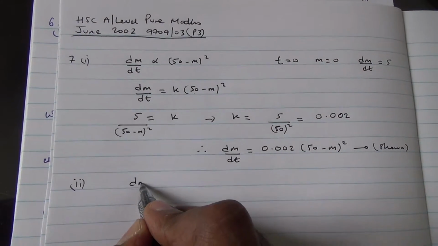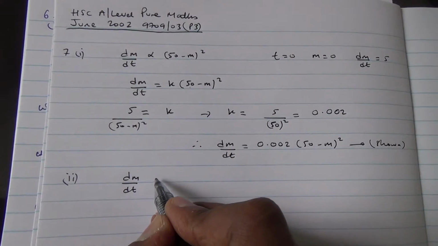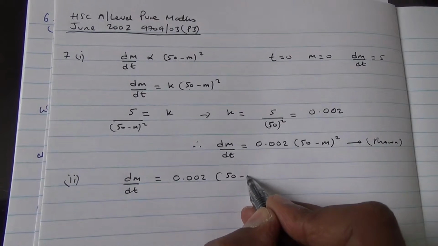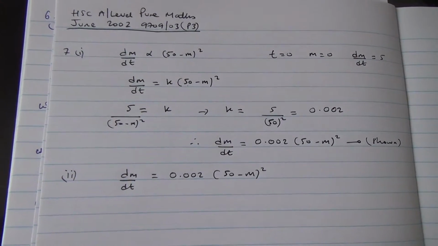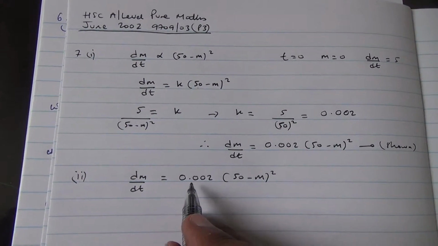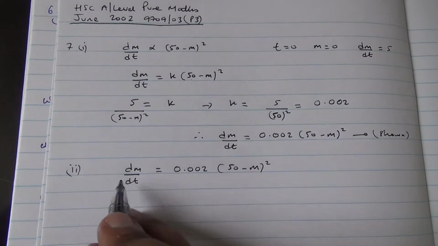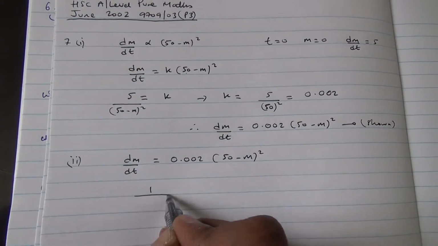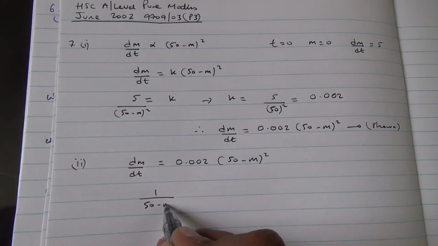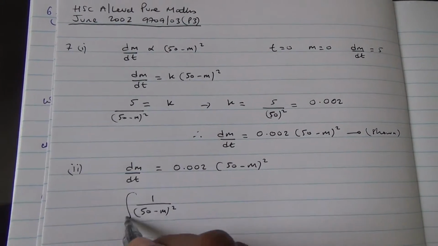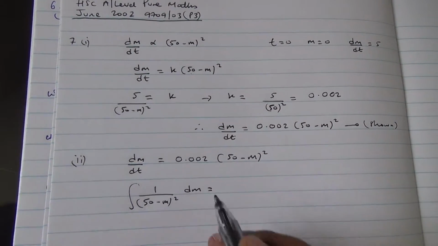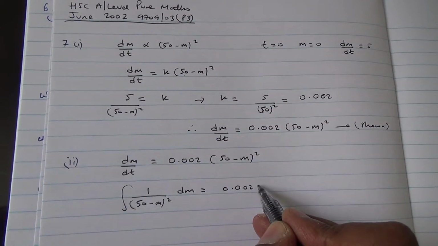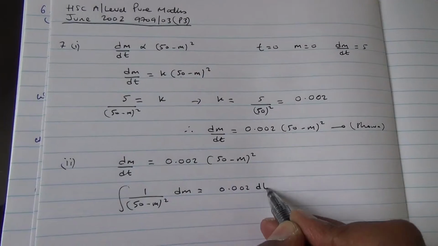So we have dm over dt is equal to 0.002 times (50 minus m) squared. Solving this differential equation, we separate the variables. The m goes with the m, the t goes with the t. So we have 1 over (50 minus m) squared, the integral of that with respect to m, is equal to the integral of 0.002 dt.